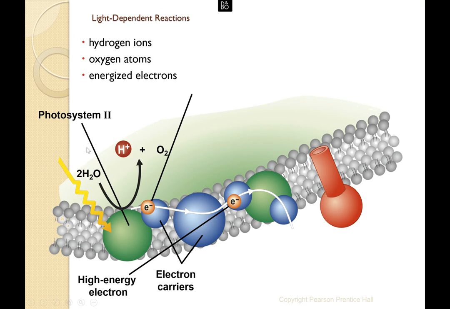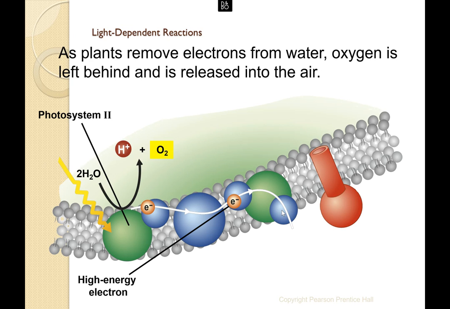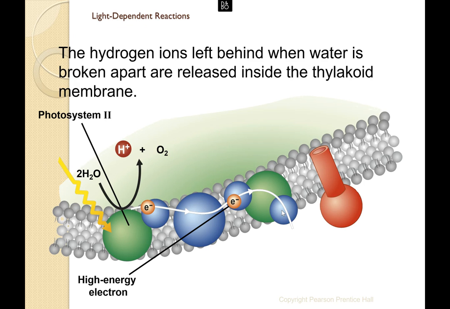So that's everything right here. Every time a water molecule is used, it sends its electrons through here. As the electrons move, they're constantly replaced by the electrons from the water that the plant is using. Oxygen is released into the air, that's the waste.